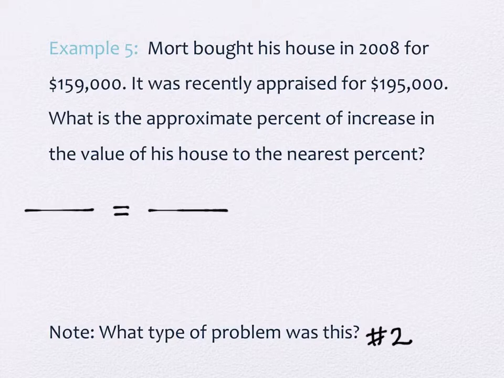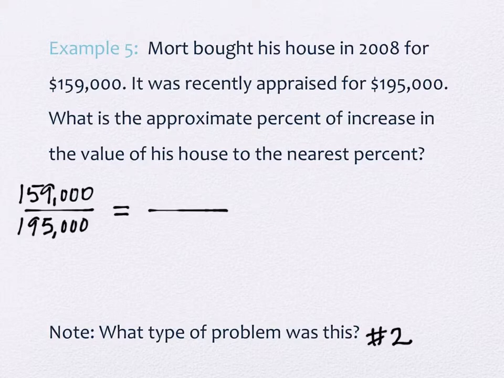How would you set it up? $159,000 over $195,000 and X over 100. Oops, 100, sorry. Okay. What do you guys think?